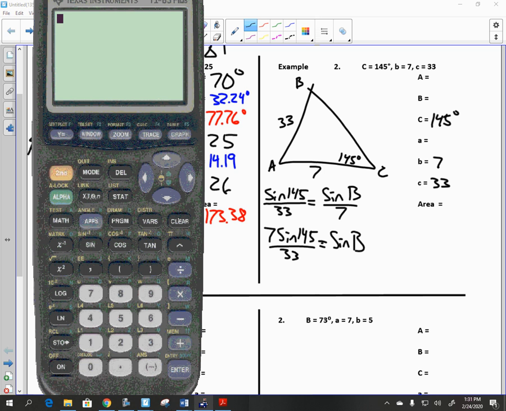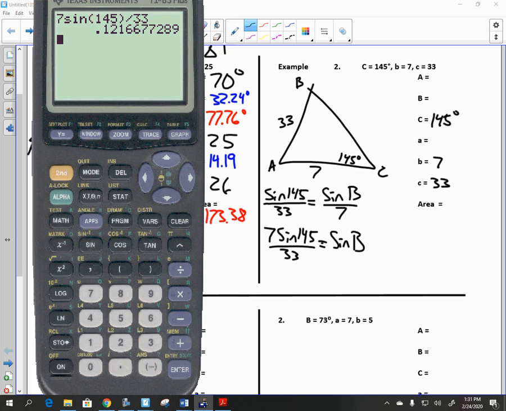So 7 sine of 145, in parentheses, divided by 33. Do you remember what I do to find my angle? Sine inverse, yep. And you get 6.99.